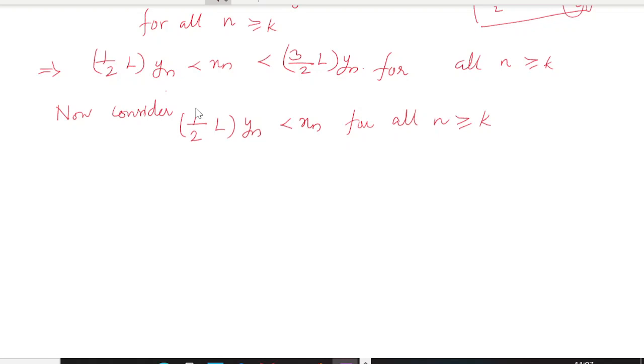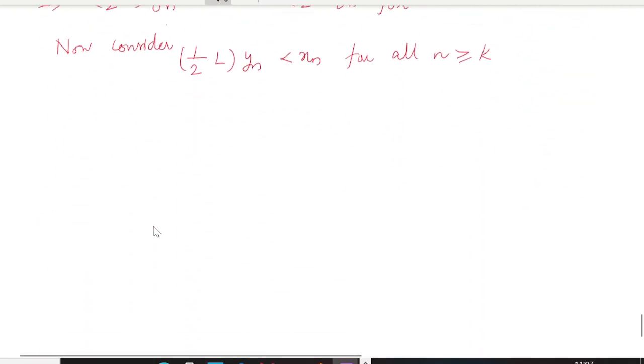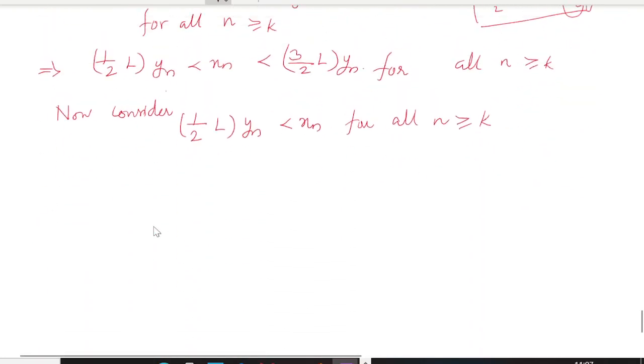Now we want to say that limit of xn equals positive infinity if and only if limit of yn equals positive infinity. So we first assume that limit of yn is positive infinity, and then we want to say that limit of xn is also positive infinity. We have got this inequality here.